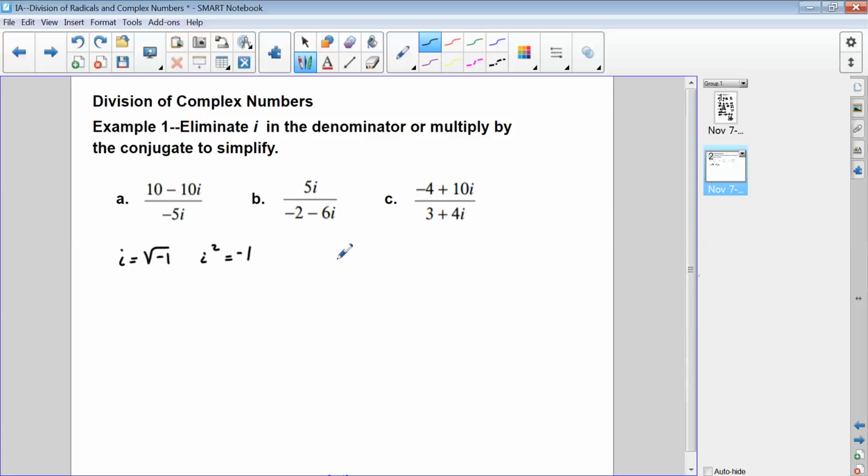So if I'm looking at part A, I get 10 minus 10i divided by negative 5i.